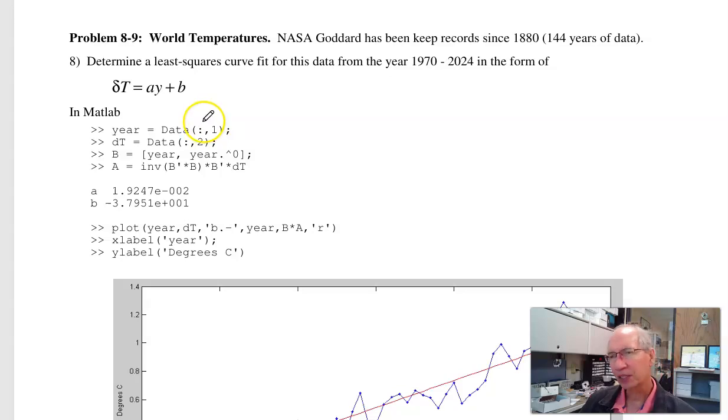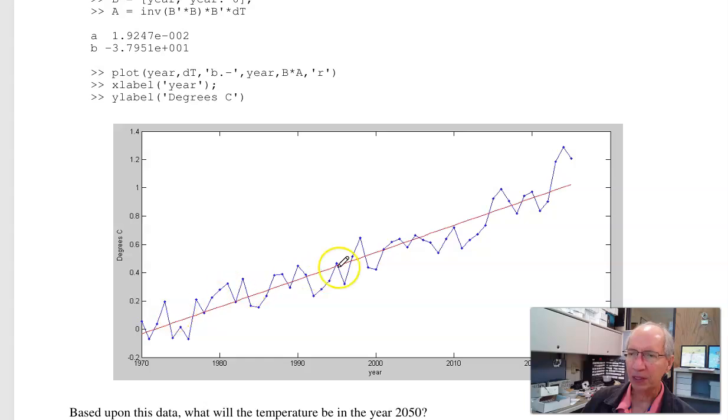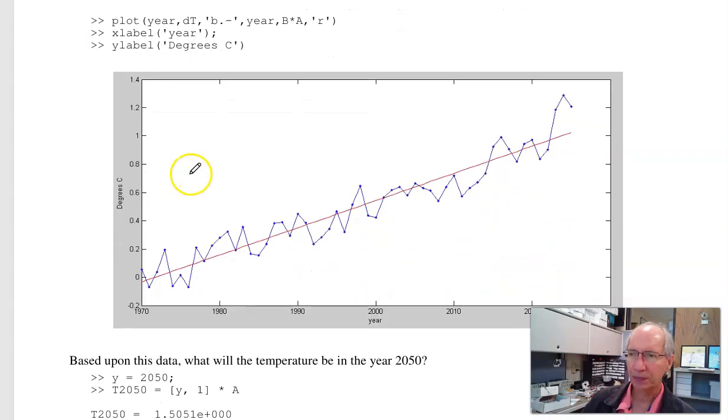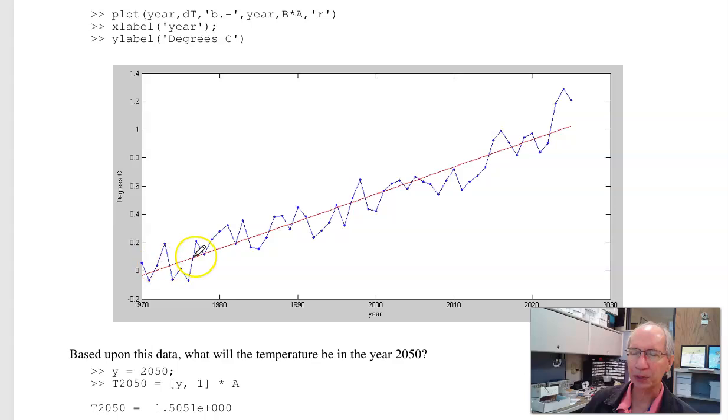First column is year, second column is the temperature deviation. Plot them; that's the blue line. To do a linear curve fit, make the basis year and 1, do a least squares curve fit, and here's the slope, here's the offset. It looks like the data matches up pretty well, with a little bit of anomaly in the last couple of years.